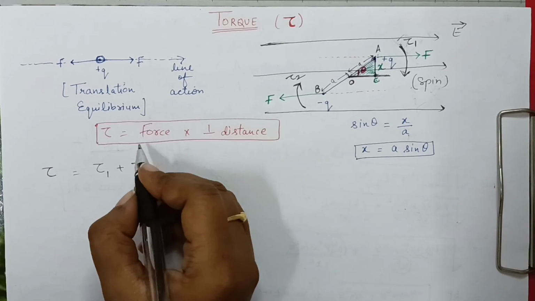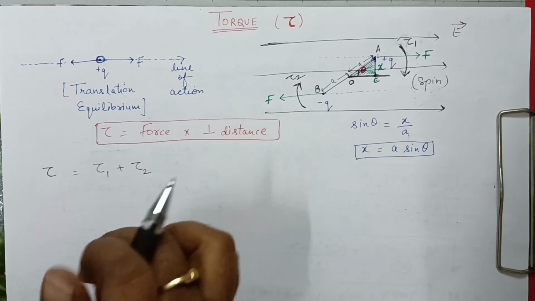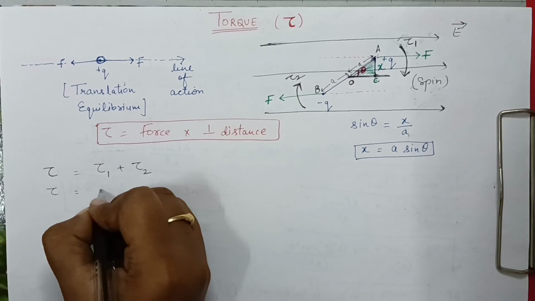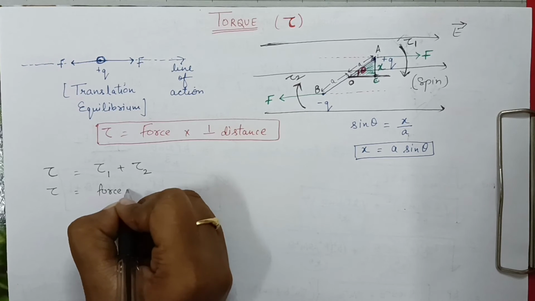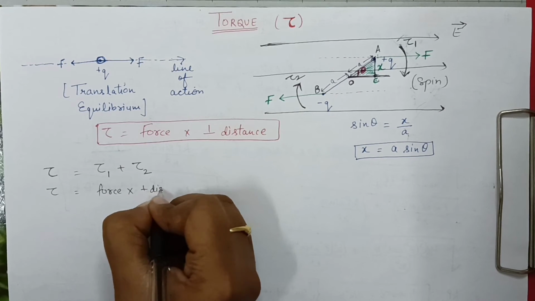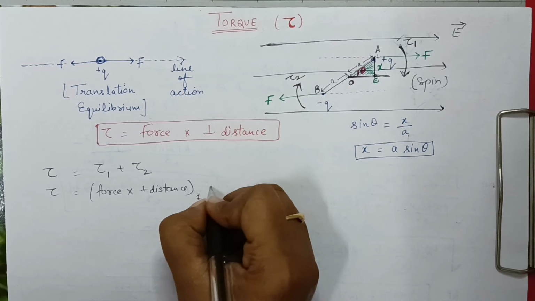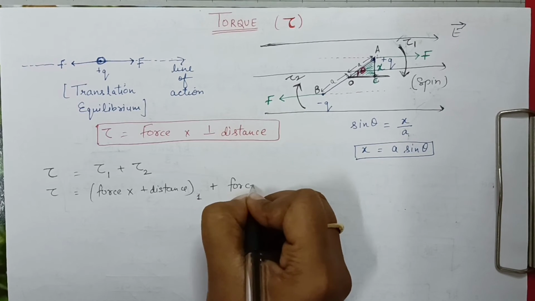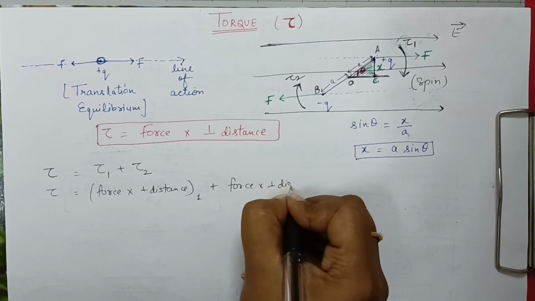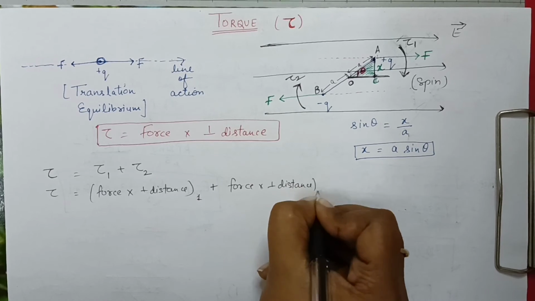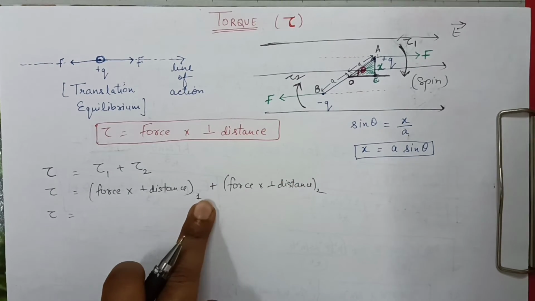I'm going to substitute the formula of torque here and here. So torque will be force into perpendicular distance for the first case plus force into perpendicular distance for the second case.